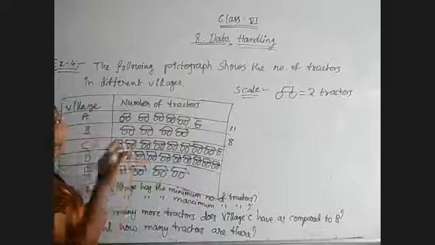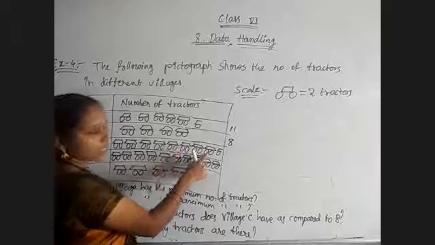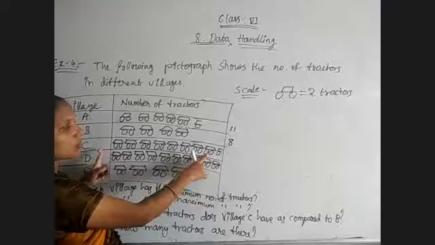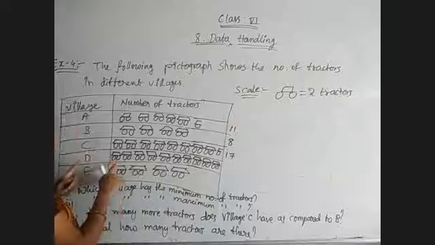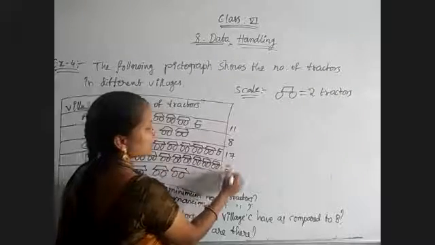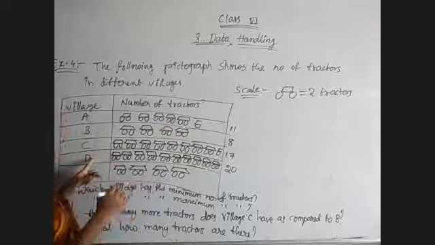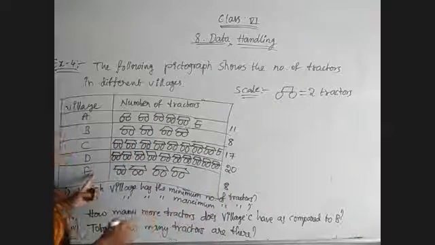Each symbol is for 2 tractors. 8 symbols completely used. So 8 2s are 16, 16 plus 1, 17 tractors are there in village C. 10 2s are 20 tractors in village D. 4 2s are 8 tractors in village E.